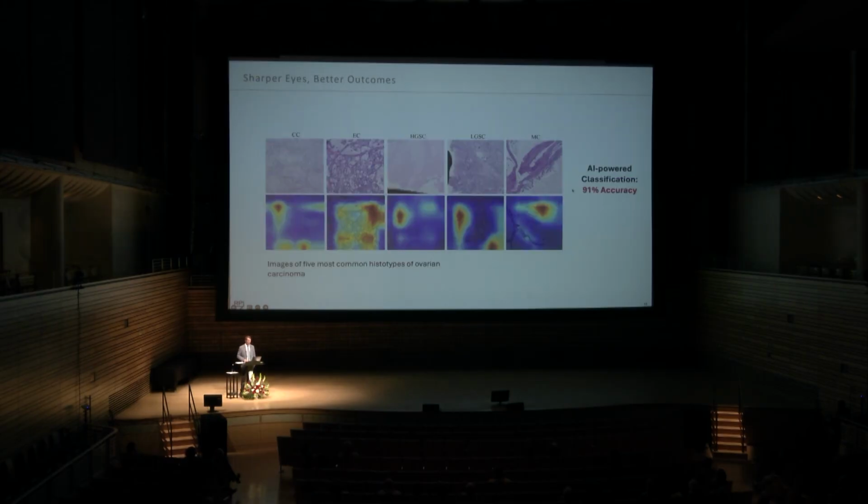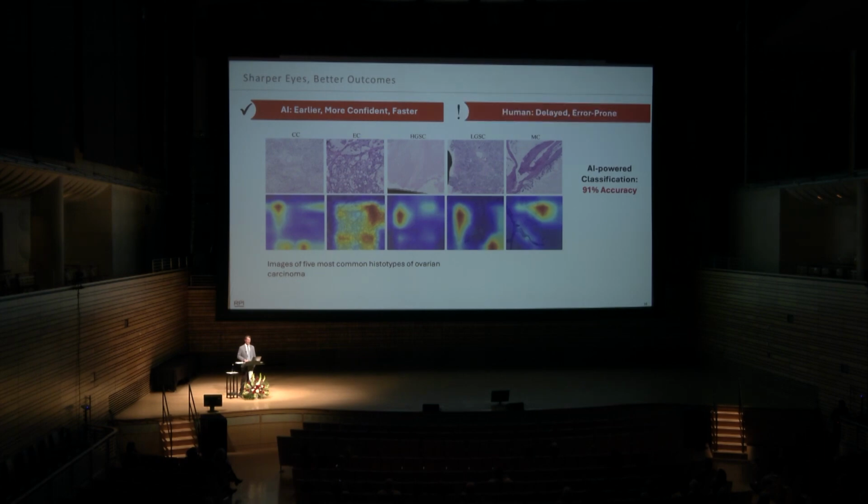So that's a problem where we can develop an AI co-pilot that can zoom in and identify the key features or fingerprints within these images that might indicate what type of carcinoma it is, or is it a carcinoma at all? And our initial work on this, which is yet to be published, has shown that we can achieve accuracies of greater than 90% on these identification problems. And so AI will aid doctors in earlier and more confident, faster diagnosis and avoid some of the errors that human beings naturally create.